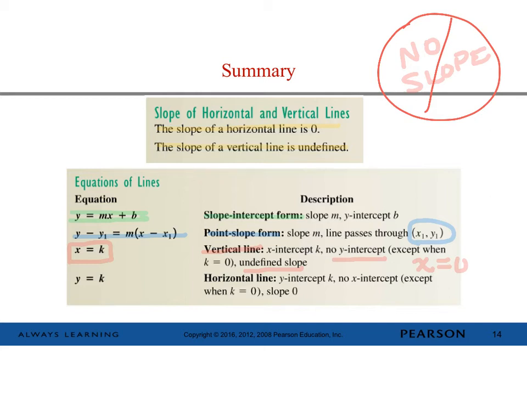And then alternatively, we have y equals k, which turns out to be a horizontal line. It'll have no x-intercept unless k is equal to 0. It has a slope of 0, and if k is equal to 0, you'll have the equation y equals 0, and y equals 0 is the equation of the x-axis.